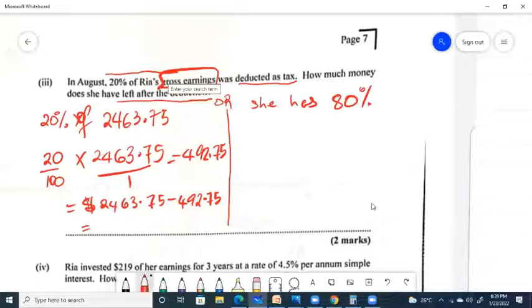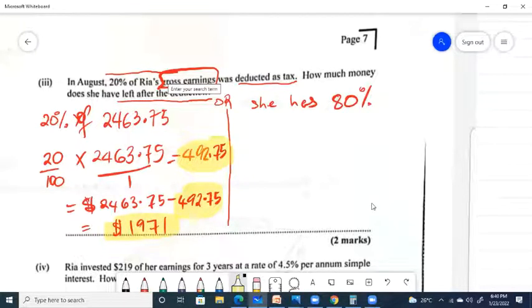All right, let me assist you as well. I'm getting 1,971. Yes, $1,971. So that's one way how you could work, because this 20% that we have here is the deduction. So we took it out, and whatever is left, that's the answer.